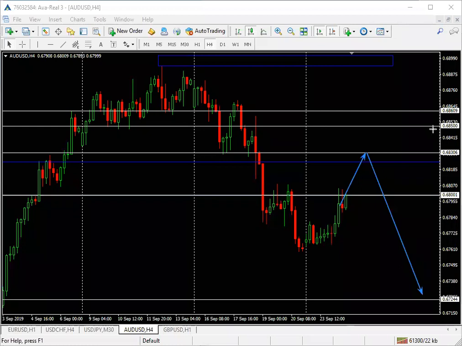And like we said in the beginning, we'd like to see the market give us a rejection candle, a candle that is going to be like a pin bar. A candle like this, not this one, this one.